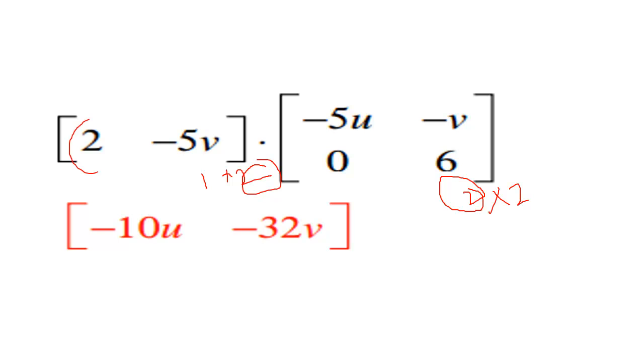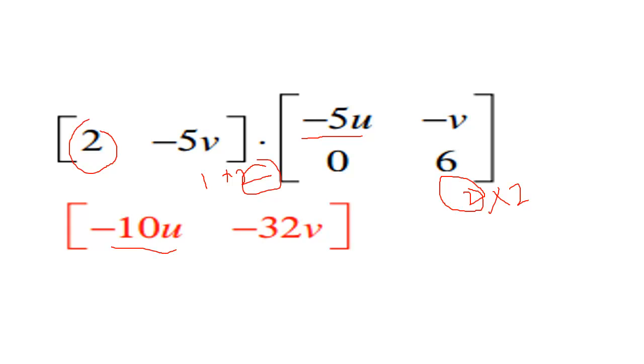So the first row times the first column: 2 times negative 5u is going to be negative 10u. 2 times 0 is 0. So the first entry, S11, is negative 10u.